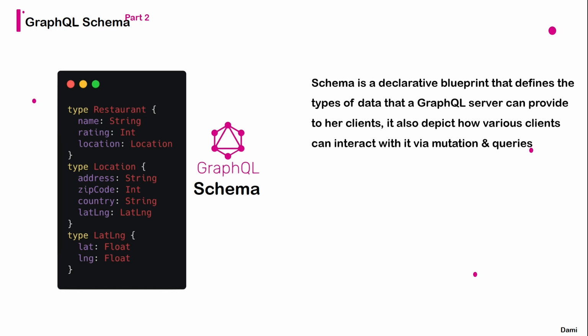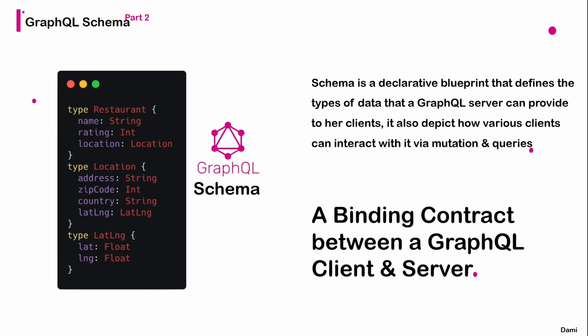So in other terms, a GraphQL schema basically serves as a contract that binds the GraphQL server and the client, where the GraphQL server says, these are the operations that I can operate on. These are the different data types that I'm able to provide. And these are the relationships between these data types.